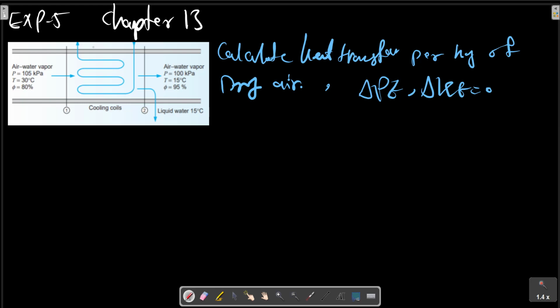Now first we choose the control volume we can use: the duct excluding the cooling coil. This area.